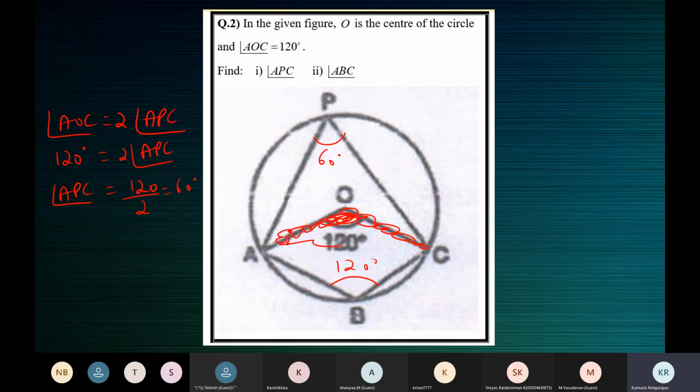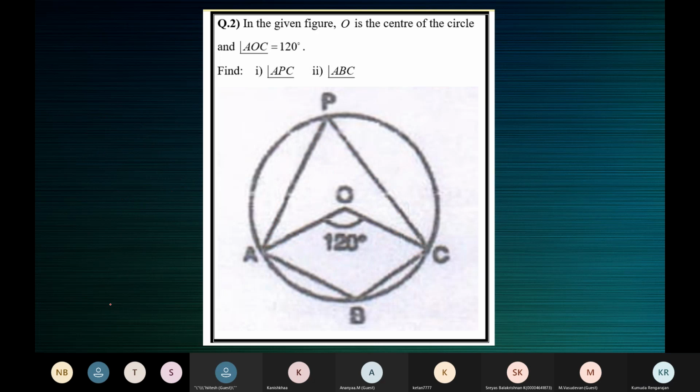So this one, APCB, is a cyclic quadrilateral. Opposite angles are supplementary. This one is 60 degrees, so this one has to be 120 degrees.